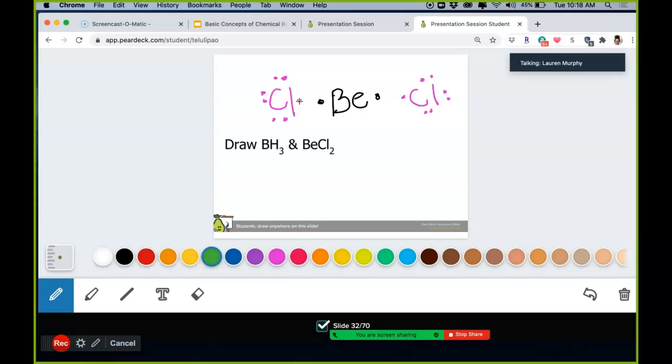So then you'll see a bond here and a bond here. And it's okay this way. 2, 4. It doesn't have 8 electrons around it. Now the chlorine does. The chlorine is stable with 8, but the beryllium is not, and it's okay that way. It's an exception to the octet rule.